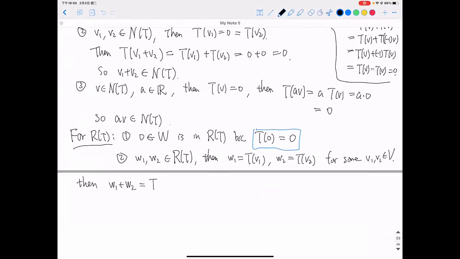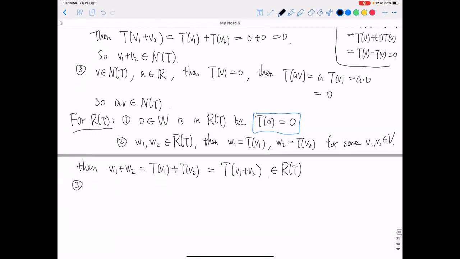That is equal to T of V1 plus T of V2, so that is by linearity again, T of V1 plus V2. So therefore, this belongs to the range of T, because W1 plus W2 is of the form T of something.